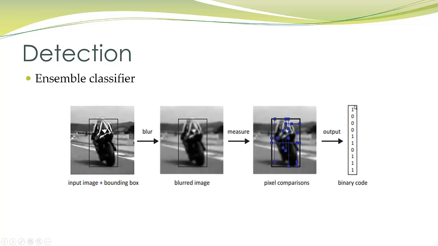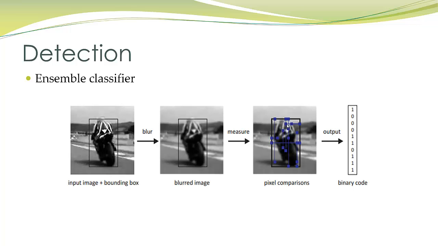How do you generate this binary code? For each point you choose its neighbors. It can be either a 4-neighbor or an 8-neighbor, and from each point's neighbors you get the distribution of these points.